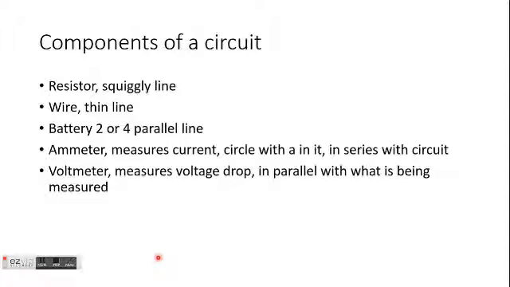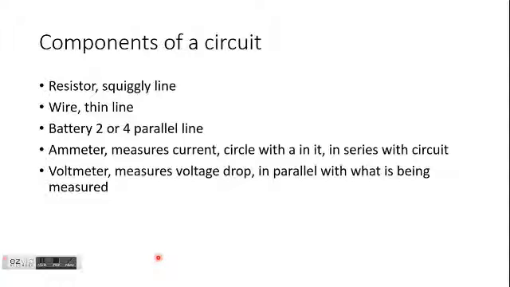And voltmeters have very high resistance. An ideal ammeter would have 0 resistance, and an ideal voltmeter would have infinite resistance, and that way no current would go through it, and all the current would just go through the object that you're trying to measure. Just remember that ammeter is in series, voltmeter is in parallel.